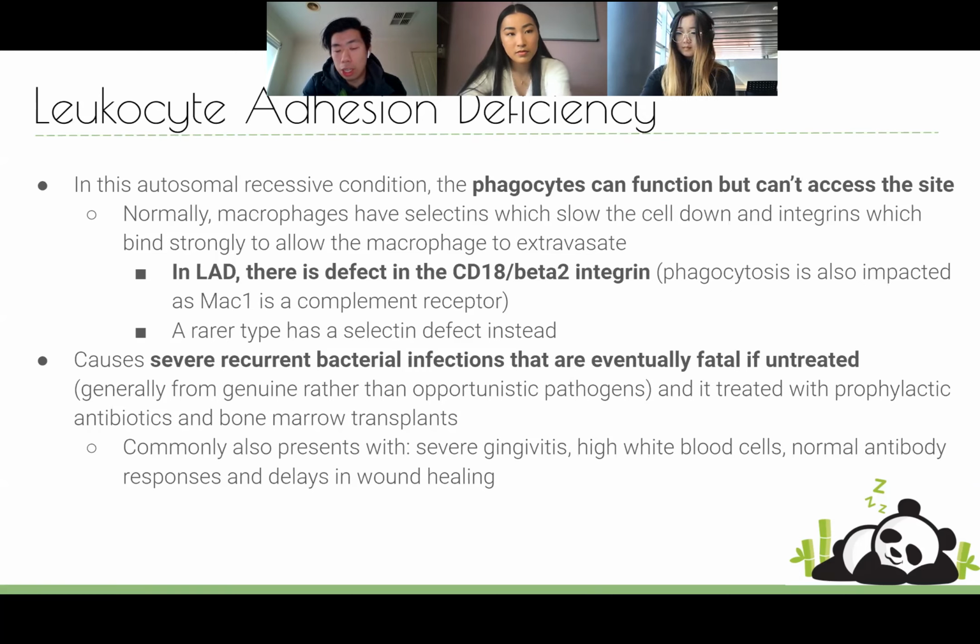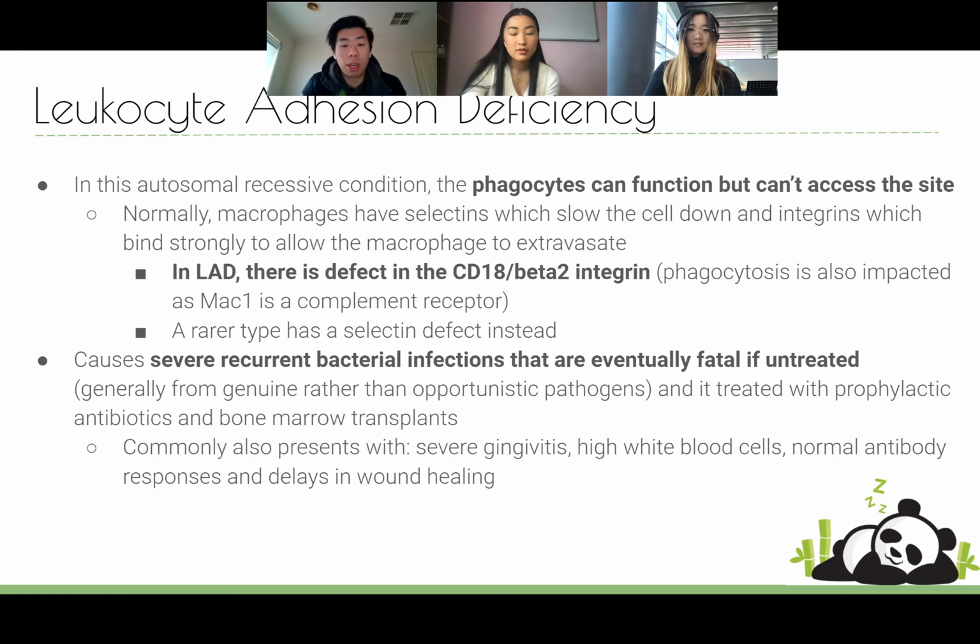Here, in leukocyte adhesion deficiency, they lack that integrin. So one of the molecules required for them to exit the blood and into the site where they need to cause inflammation is missing. As a result, they can't get to where they need to be. And that's not really the buzzword, but kind of the idea behind LAD. There is a type where the selectin is broken instead, but that's a different type.